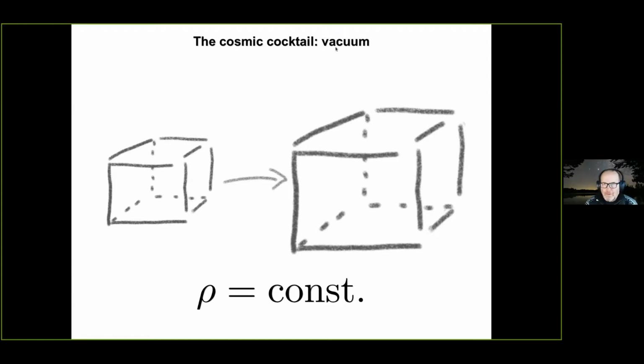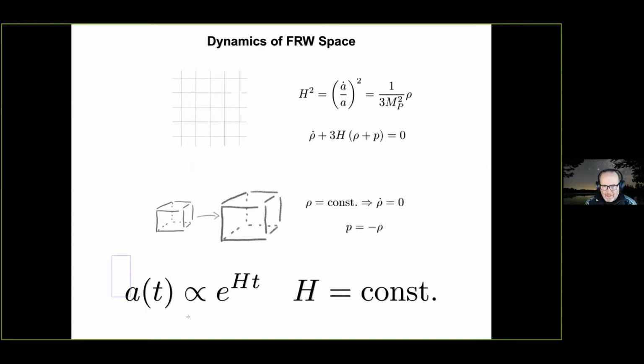And what you find if you have a constant energy density is that the scale factor now behaves exponentially. The scale factor goes as an exponential in time, where the time constant of that exponential is given by the square root of the energy density, or is given by the Hubble parameter. So these are the three basic types of components of the universe.